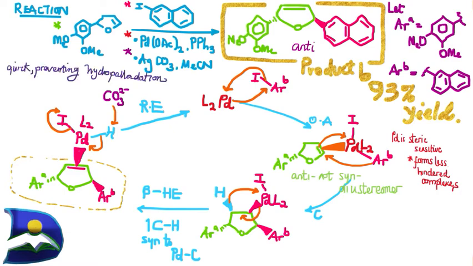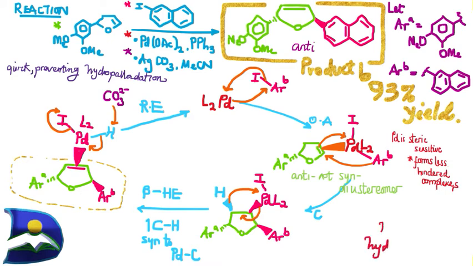And take note here that this process is really a quick process that prevents the hydropalladation from actually happening in this particular step. So it's really crucial to decide on which base is quick and most appropriate to either enhance or inhibit the hydropalladation. And that is a big difference as well between the previous video and this particular video.